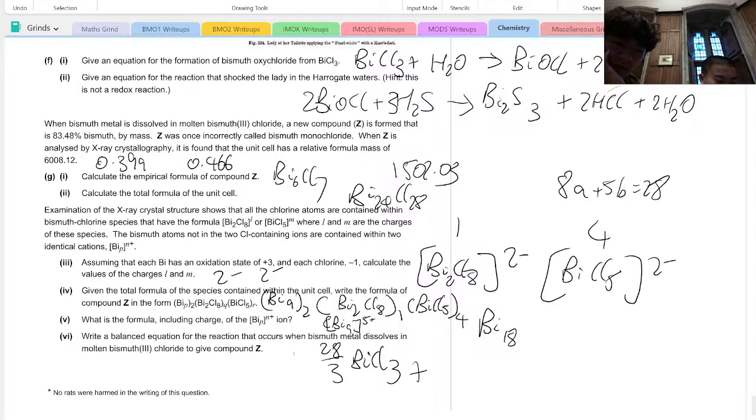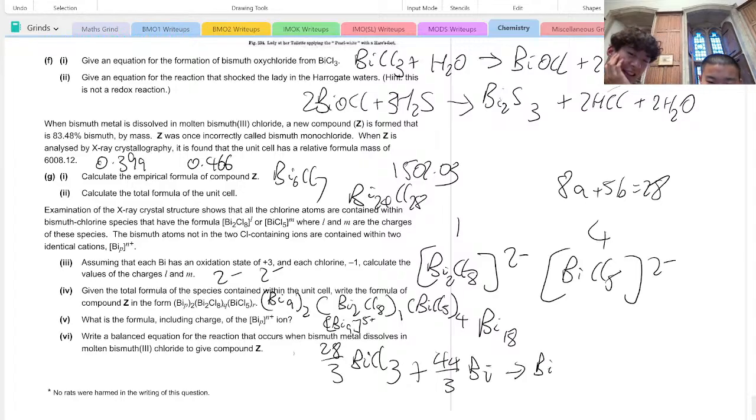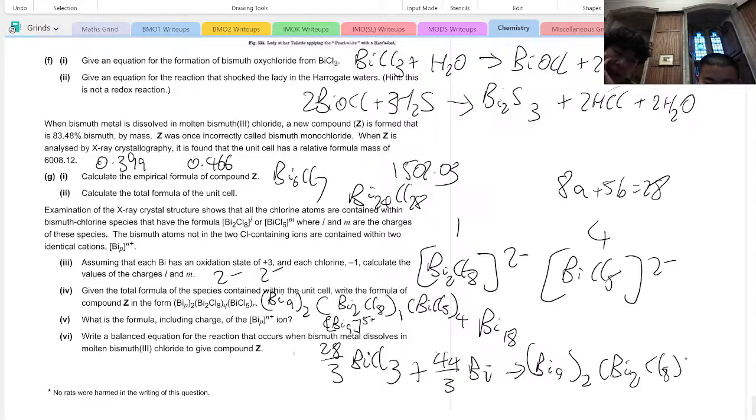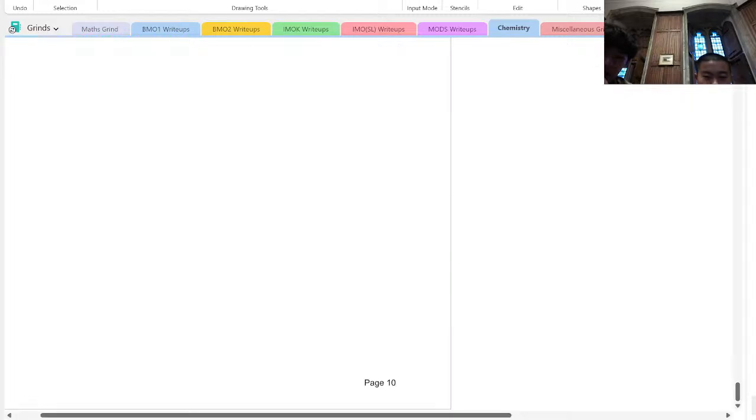What's 24 divided by... Wait, how did you even get that so quickly? Because it's 28 divided by 3. Why? Because there's 28 Cls. What an equation. That's taking balancing equations to the max.